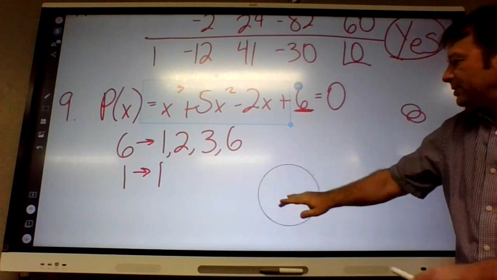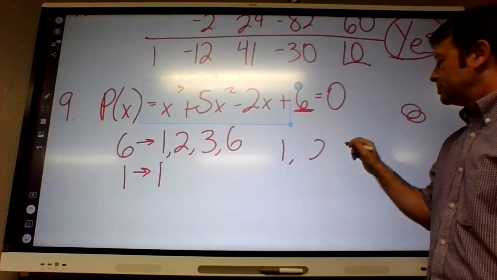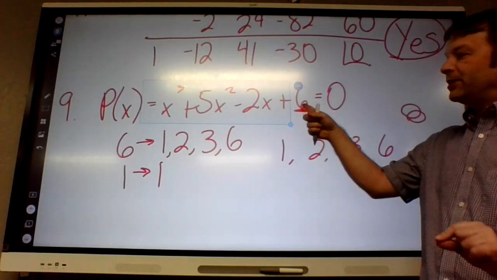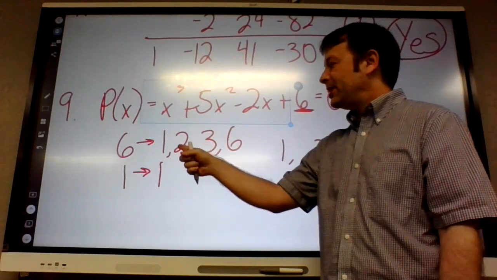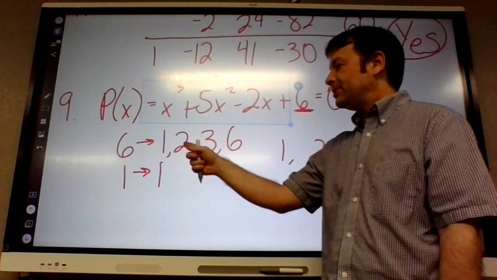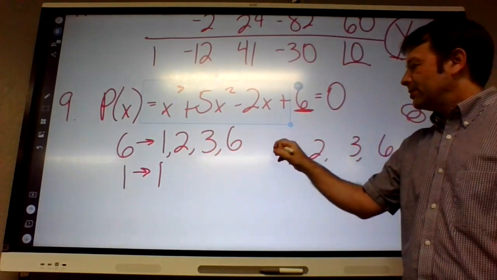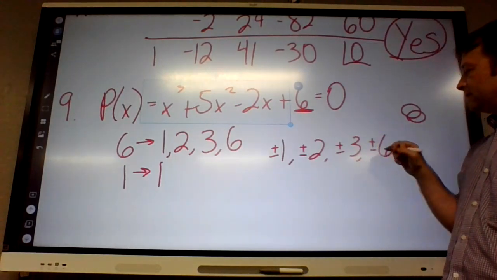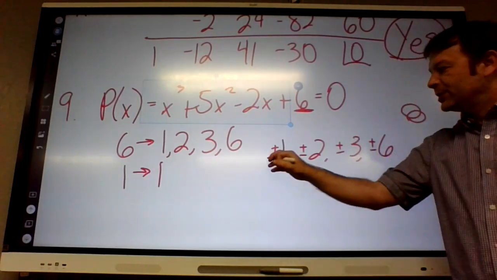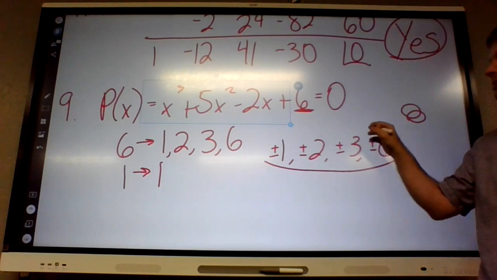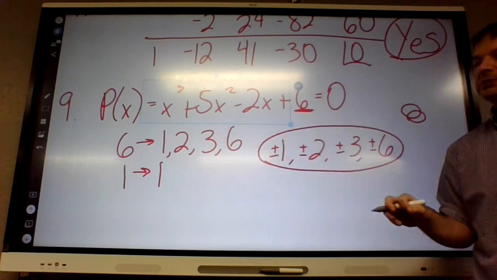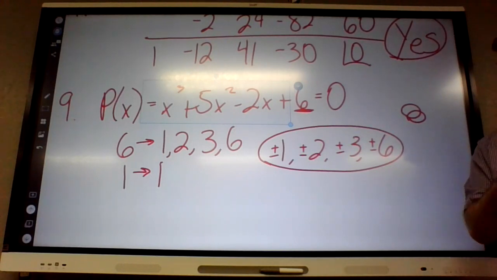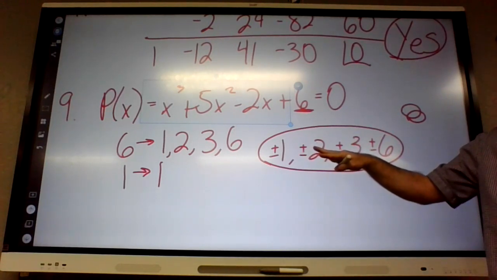So 1, 2, 3, and 6 are possible. However, factors of 6 could also be like negative 2 times negative 3, so all of these could be positive or negative. But these are the possible answers, if there are any normal answers.